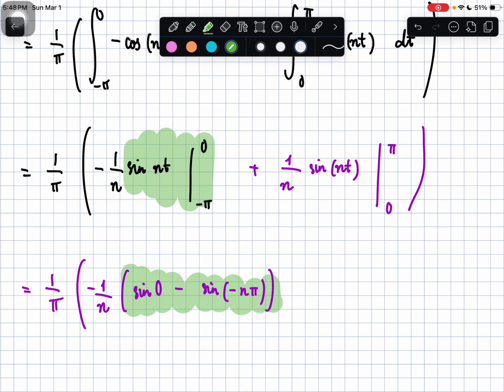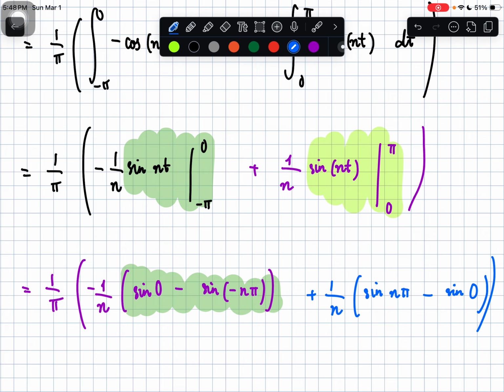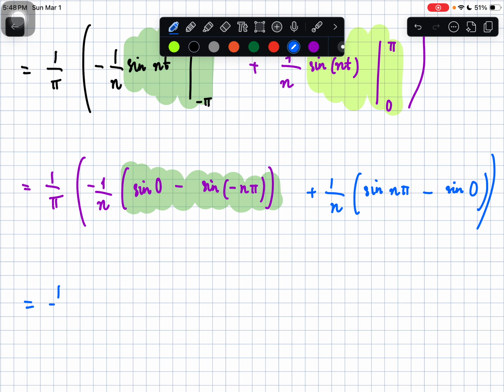For the second terms, we have 1 over n psi n pi minus psi 0. So this is 1 over pi psi 0, equal to 0.